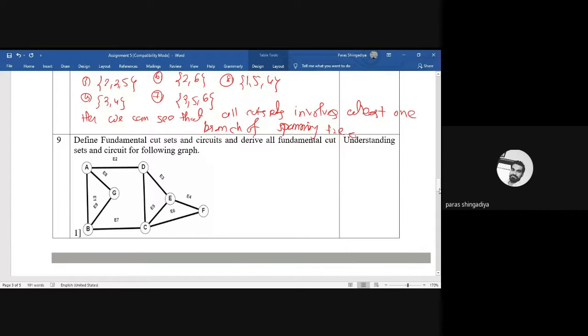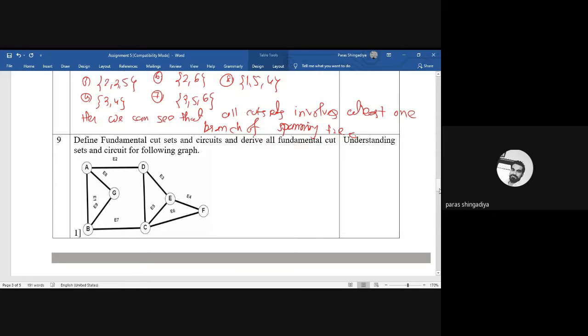So, definition of fundamental cut set. Okay. Consider one cut set. Okay. We can find one cut set. And when we say it is a fundamental cut set, if such cut set involve only one branch and rest of edges should be the chord. Okay. As per the spanning tree of this graph.